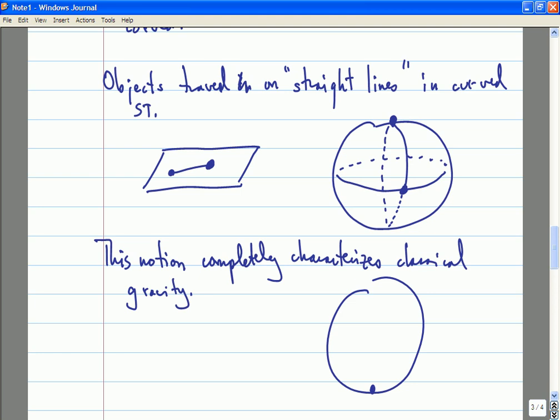If I do have an initial velocity, then that will tell me which geodesic I take to the North Pole. So, for example, what is not true is that there's a unique shortest geodesic between the North Pole and the South Pole of the sphere. Between the North Pole and the equator, say, there is a unique shortest geodesic. It's the one that I've drawn here. But between the North Pole and the South Pole, there is no unique shortest geodesic. That's life in curved spacetime.